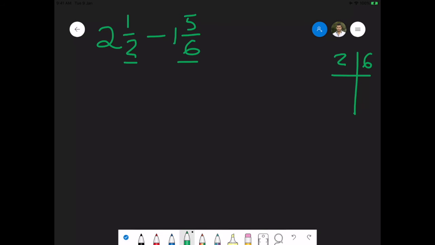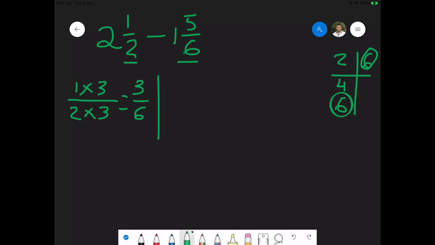So if I think of the multiplication table between 2 and 6, I already know that 6 is a multiple of 2, so I won't need to do much. The common denominator between the two fractions is 6, so I will not need to replace the second fraction. So if I take care of a half here, I need to make it out of 6, we'll multiply by 3.